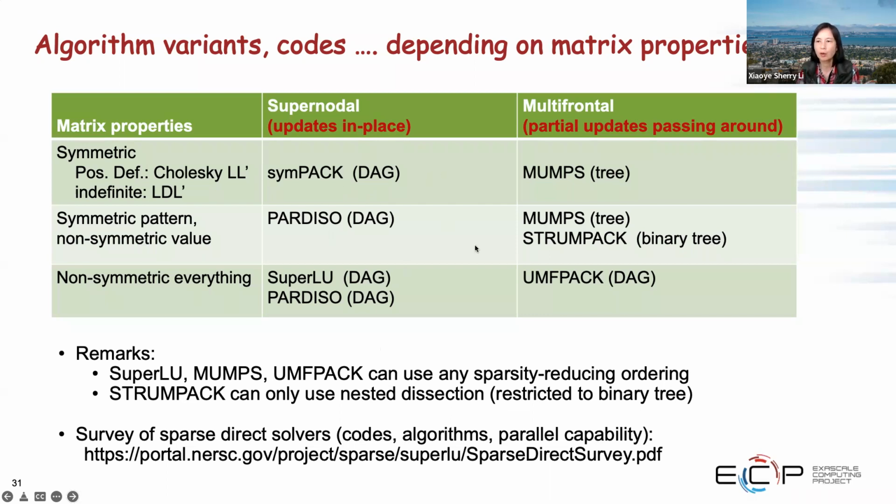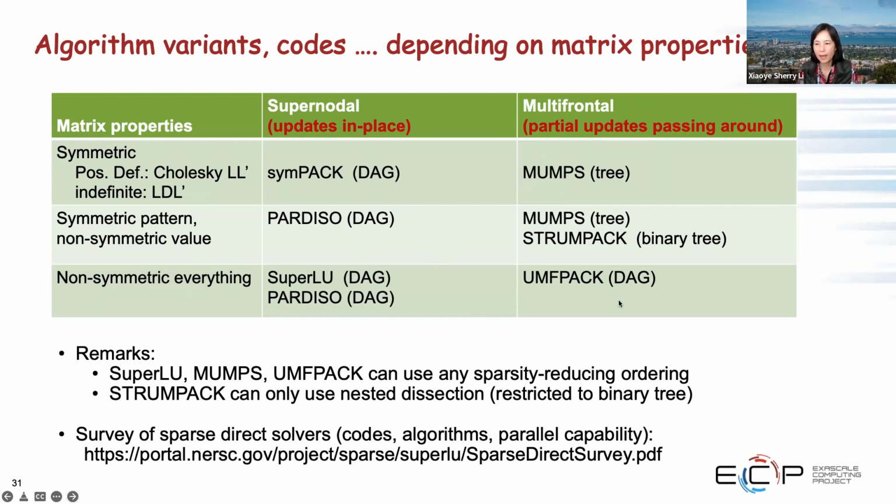So there are different codes to do this. And the big thing is that depending on whether you want to respect the non-symmetric pattern, the underlying graph has to be DAG or tree-based. So these are the different codes. For example, MUMPS, which people are familiar with, stays with symmetric patterns, so it's tree-based.